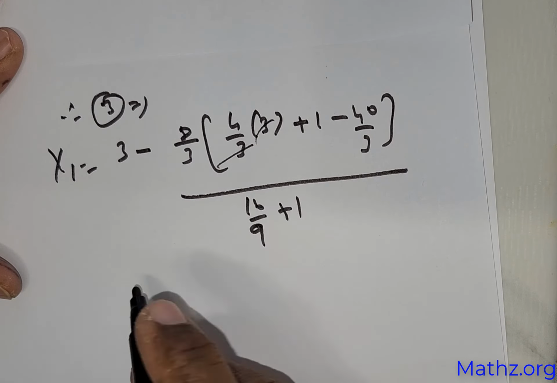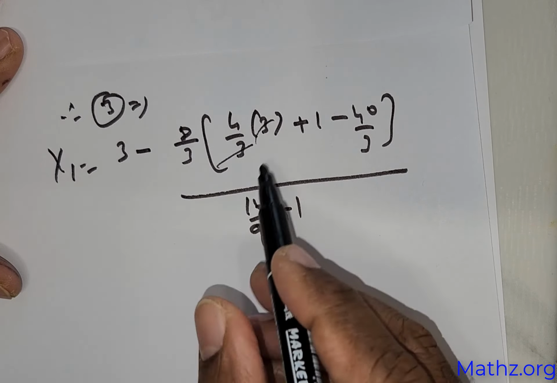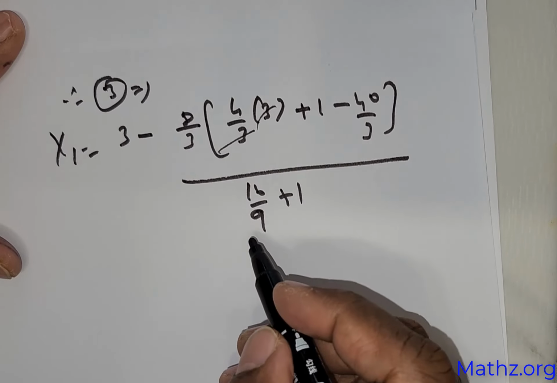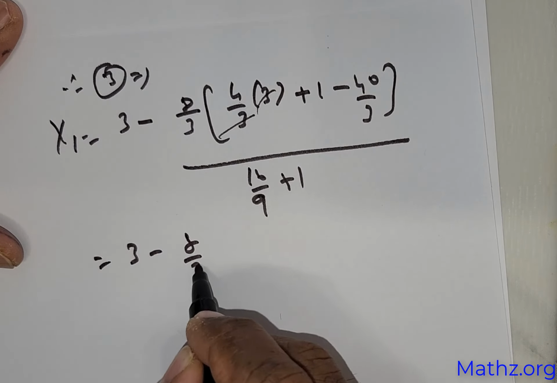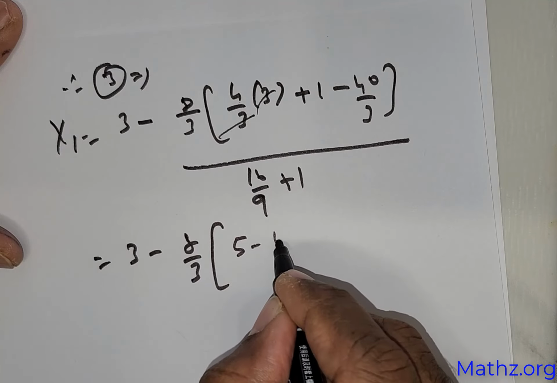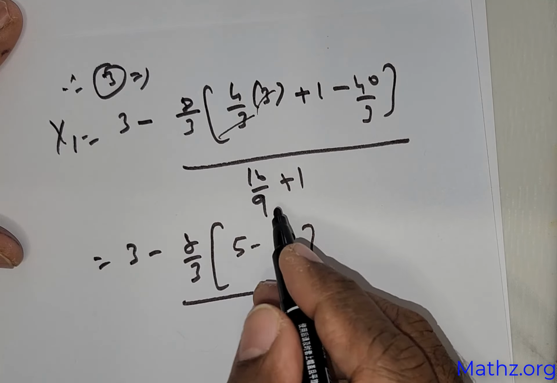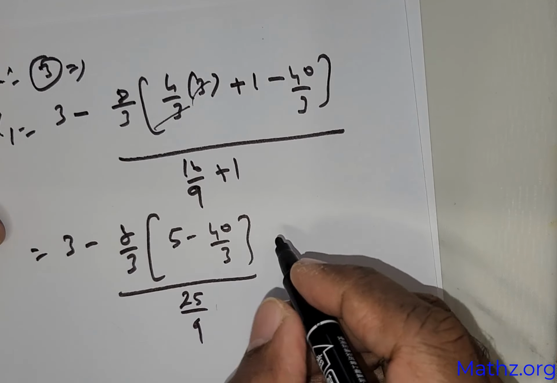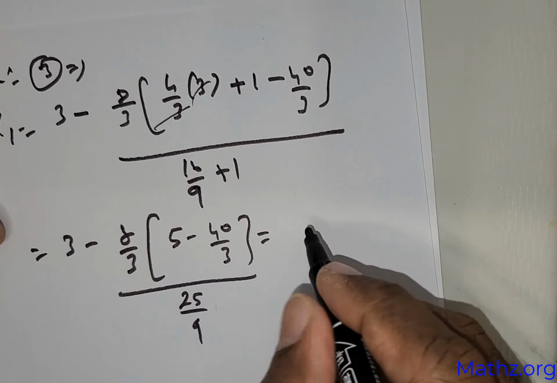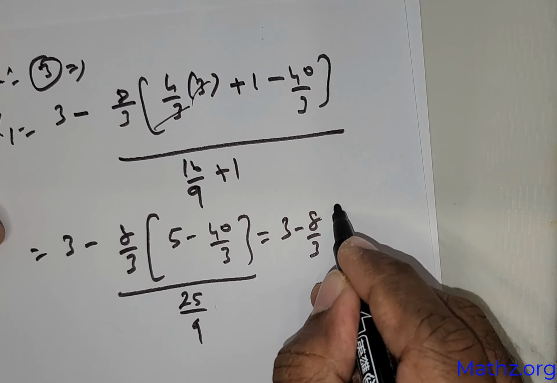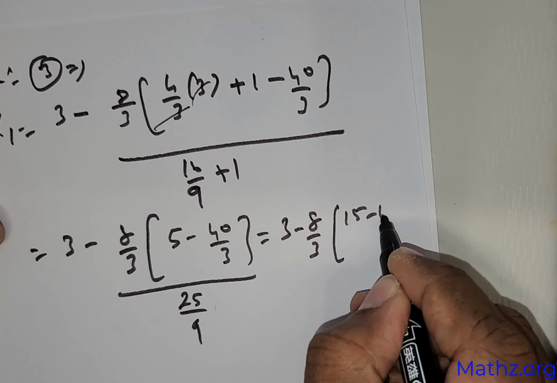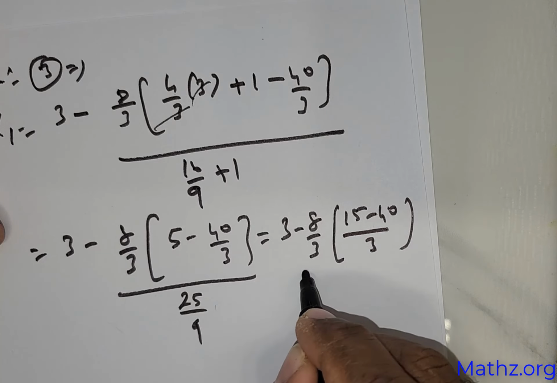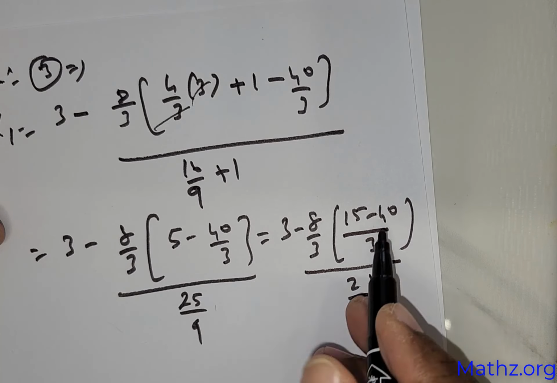Now you can cancel these, and that would give you 4 added with 1, that's going to be 5. So 3 minus 8/3 times (5 - 40/3), this is going to be 25/9. You have to simplify this. So 3 minus 8/3, this is 15 minus 40/3 divided by 25/9.